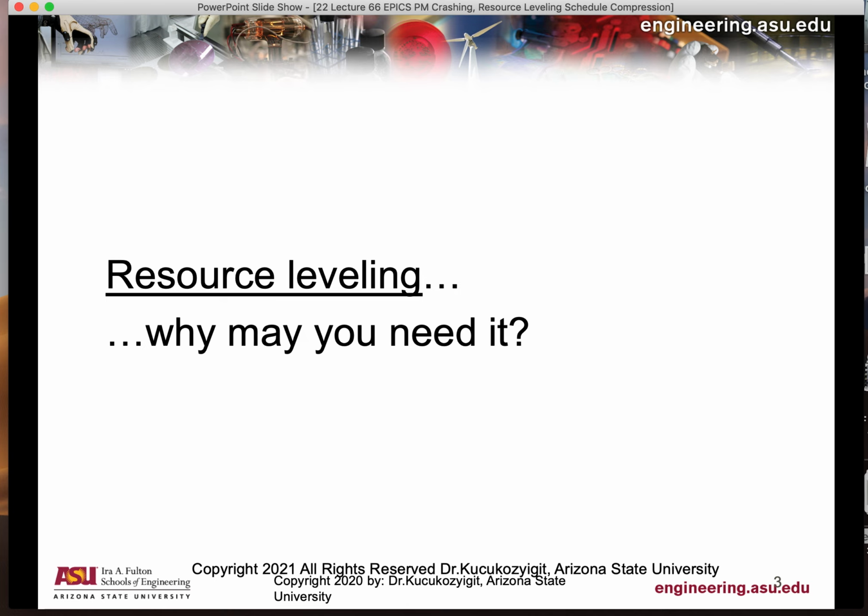So I want you to think for just 1 minute: what is resource leveling and why may you need it? In the previous sessions we came up with our work breakdown structure and we transformed it into a PERT network diagram.